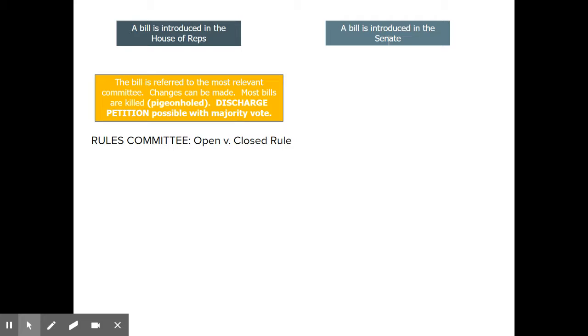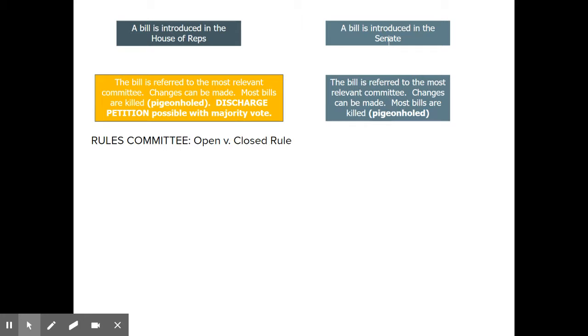They can decide how long the bill is going to be debated by the general members of the House. They also can determine if an open or closed rule is attached to the bill. If they attach an open rule, that means changes can be made as you go down the process. If they attach a closed rule, that means you're voting on it as is. No changes can be made from this point forward.